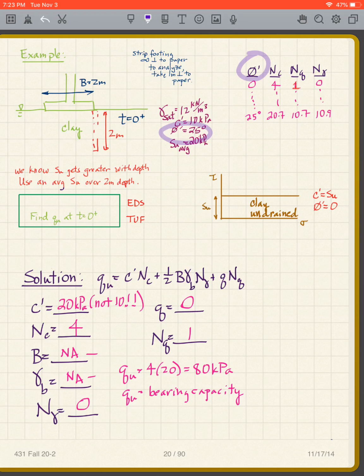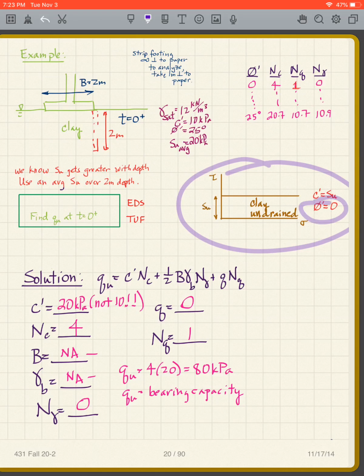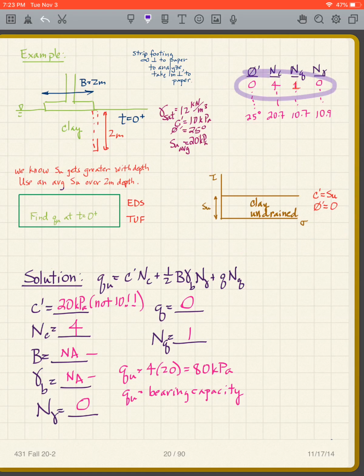But I don't do that, because if I think about my failure envelope, phi prime really means angle for the Mohr envelope, and here the angle is 0. So I'm going to use these values of NC, NQ and N gamma.